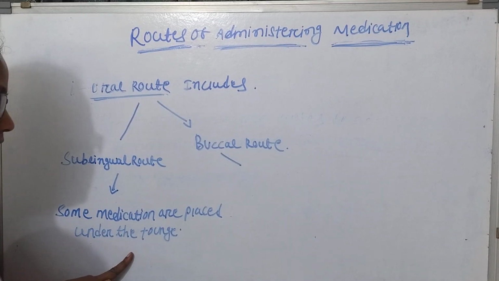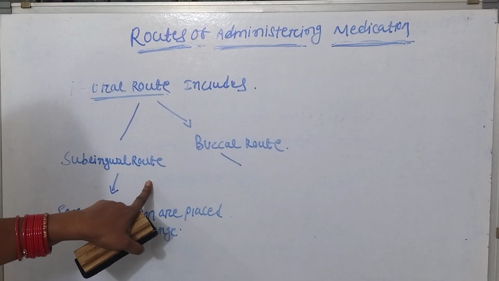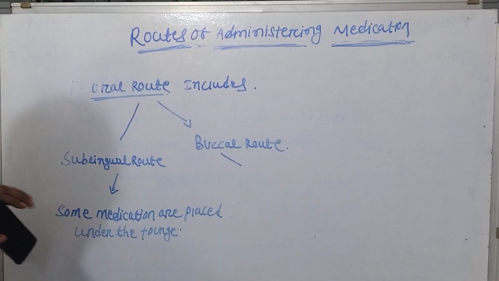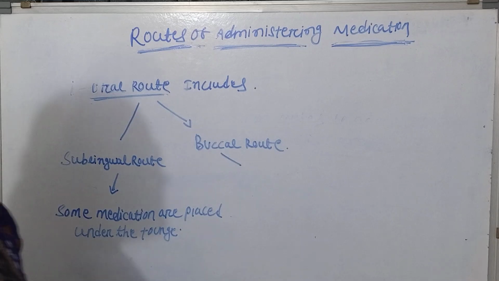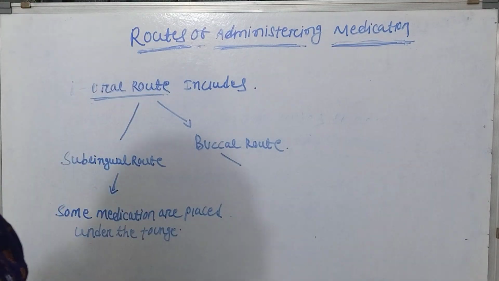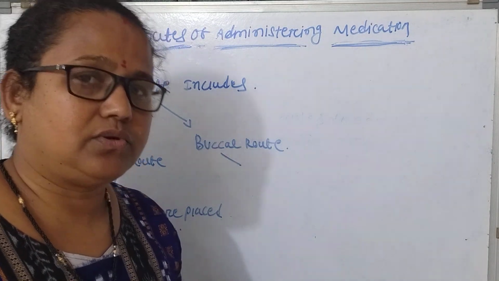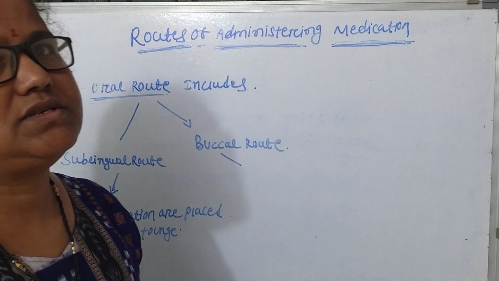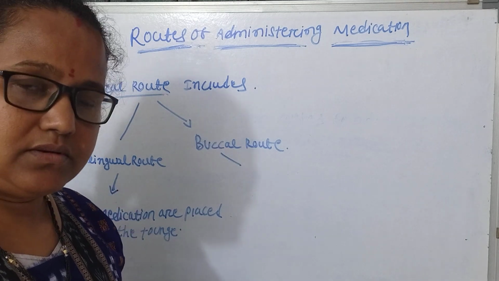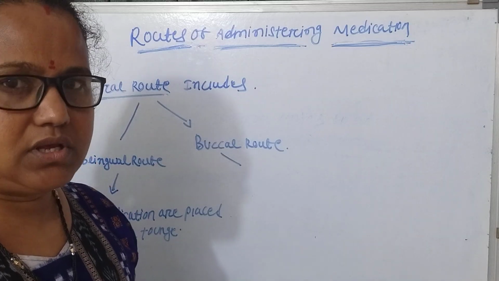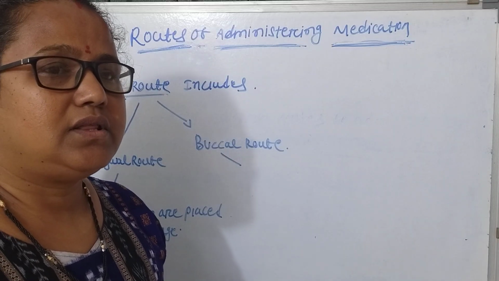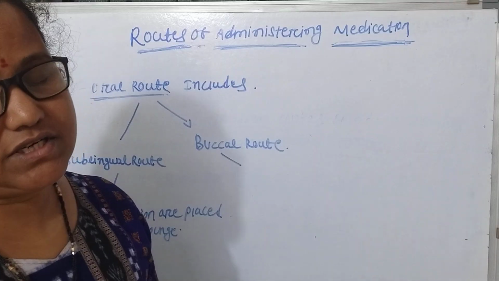What is an example of sublingual medication? Many medications are there. One is capsule nifedipine. If a patient is suffering from hypertension, and BP is 180 systolic and diastolic blood pressure is 120 or so, then you have to give immediate treatment.